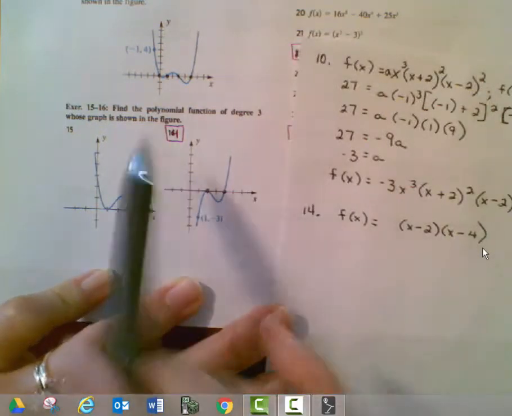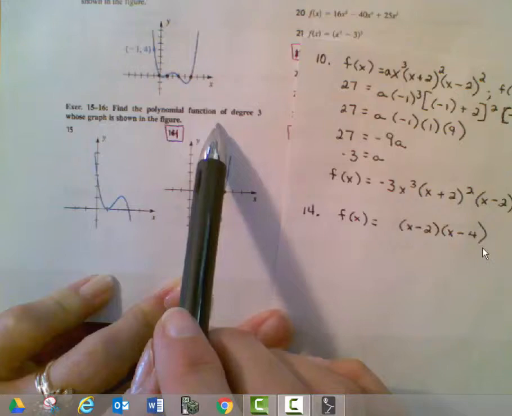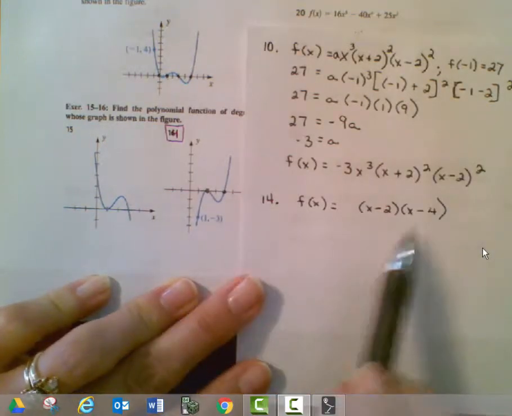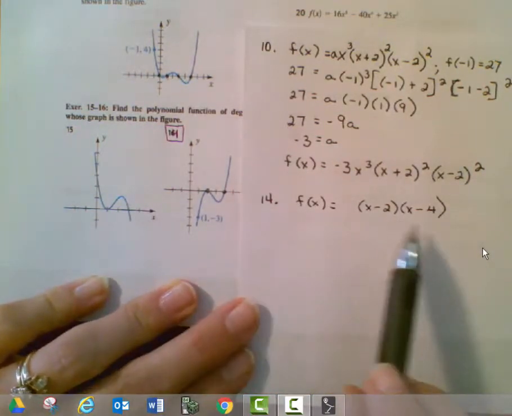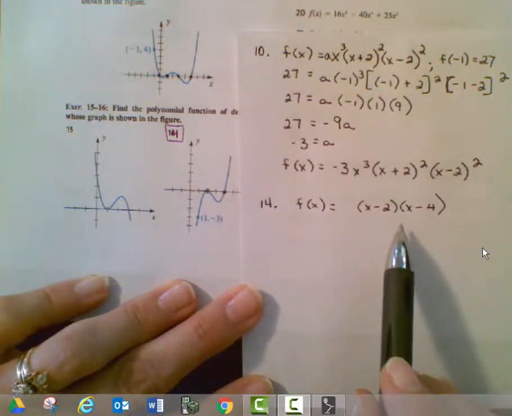However, this says find a polynomial function of degree 3. Well, right now, if I multiply these two factors, I'm going to have a quadratic function, a second degree function.